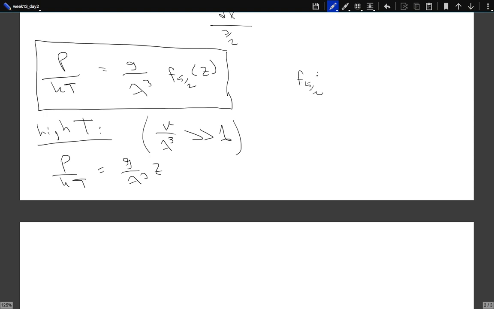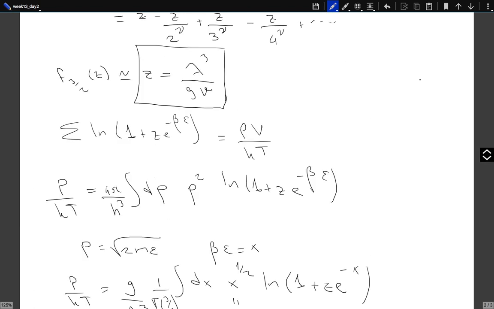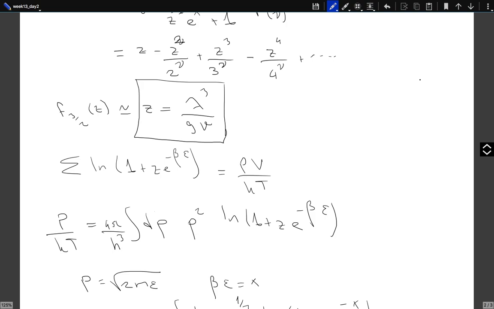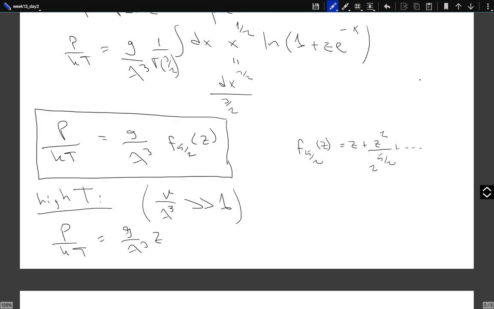Because f 5/2 of z is also equal to z plus z squared over 2 to the power 5/2 plus etc., at high temperature z is very small. We had already derived z is lambda cubed over g v. So z is very small, so that we can just keep the first term.